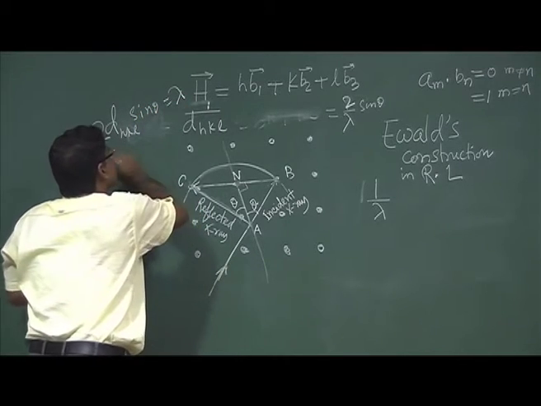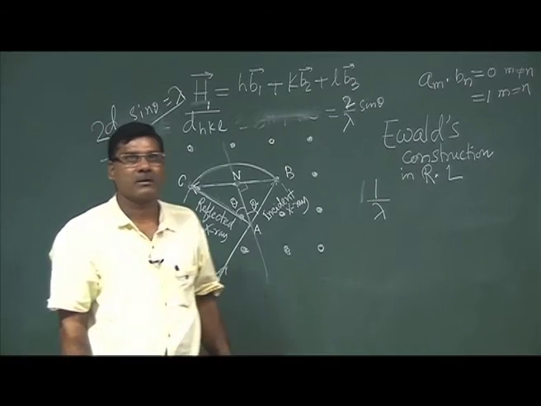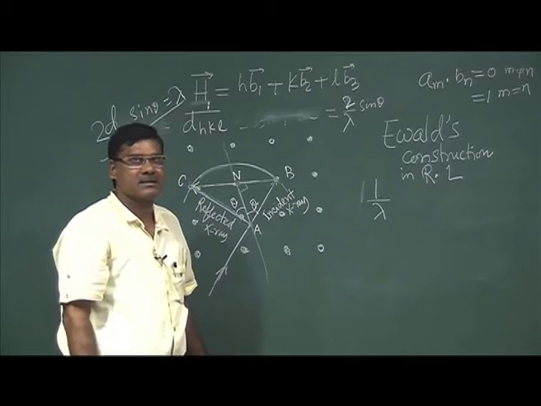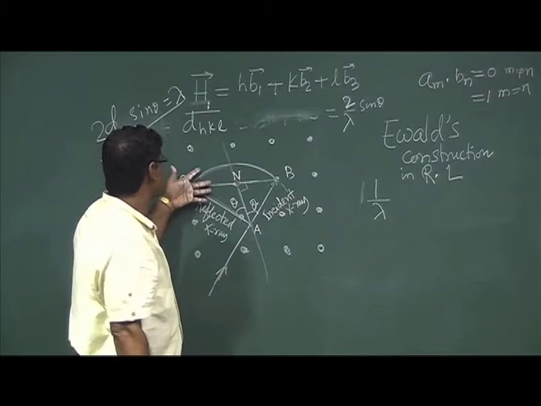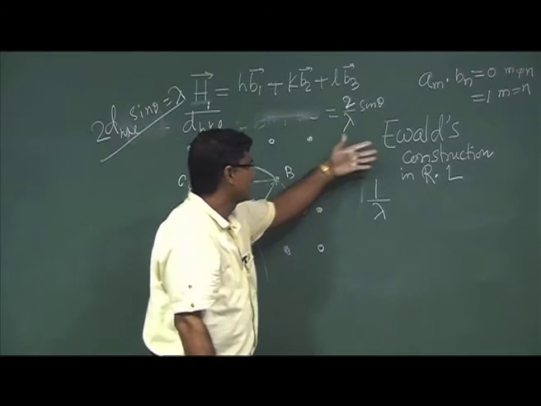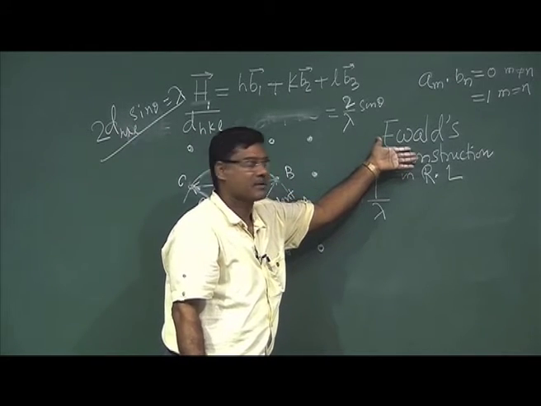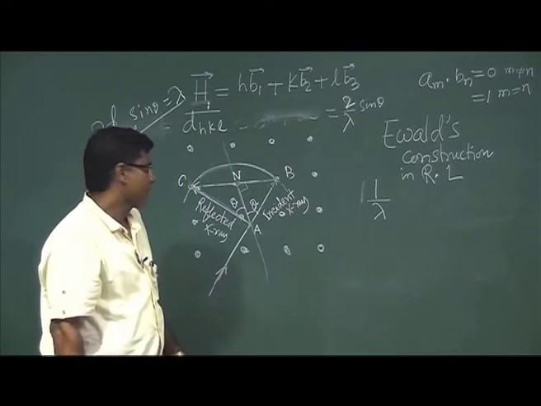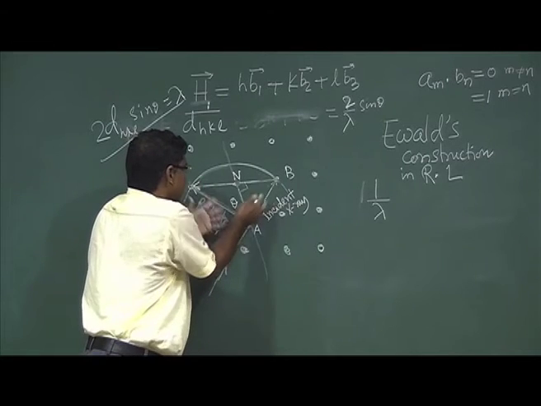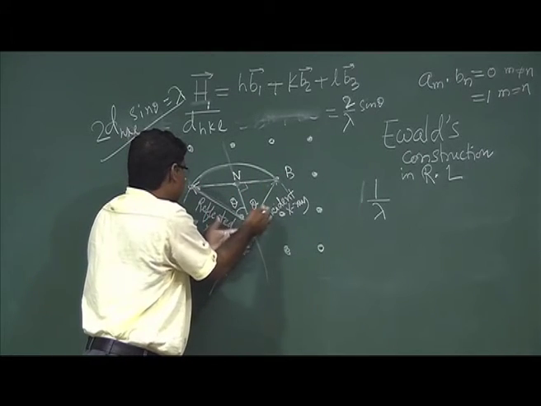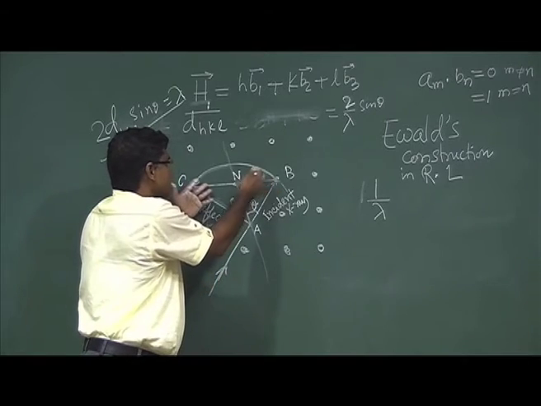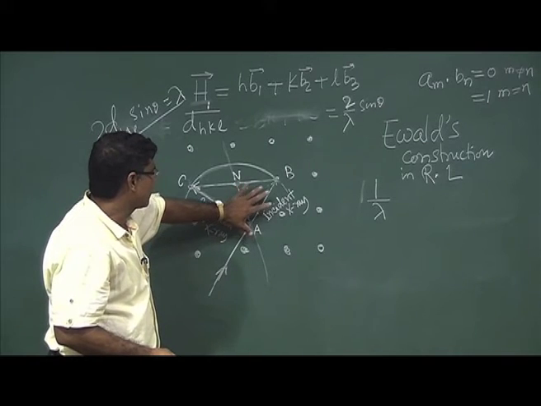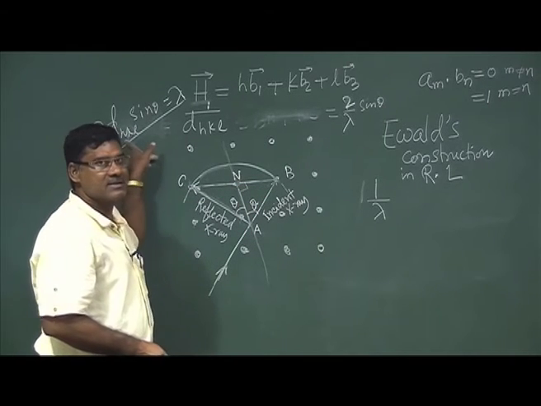So this is nothing but the Bragg law. Here we have considered the reciprocal lattice, and following Ewald's construction, we have drawn this incident ray, reflected ray, and this normal distance, etc. From this geometry, we are getting the Bragg law.